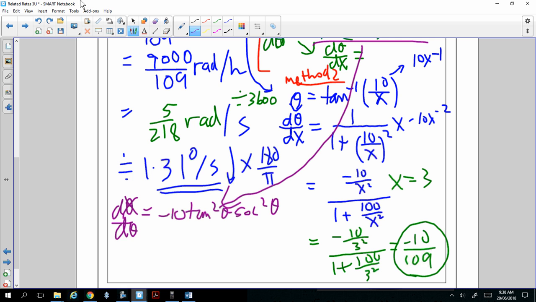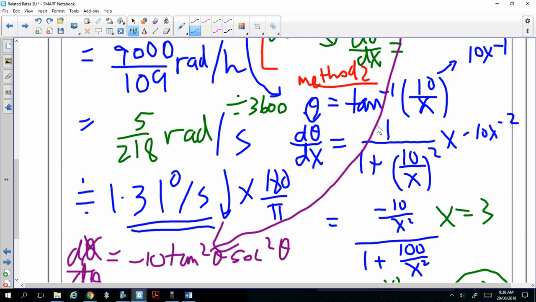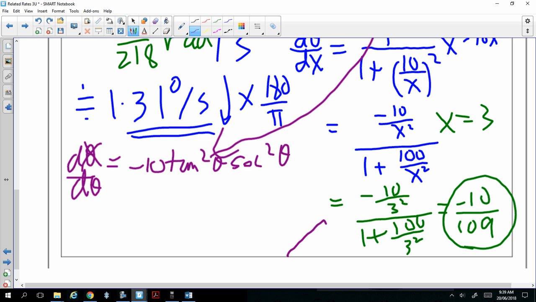And then what you do is tan squared, that's sec squared. Tan squared is opposite over adjacent. Sec squared is adjacent over hypotenuse reciprocal, which is root 109 over 3 squared, times by negative 10. Let's see what you get.